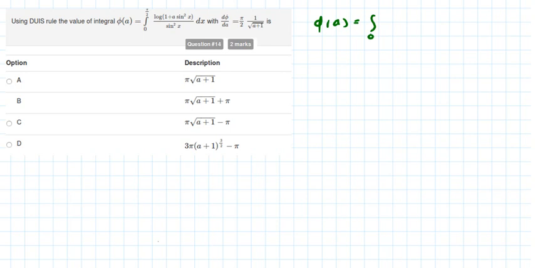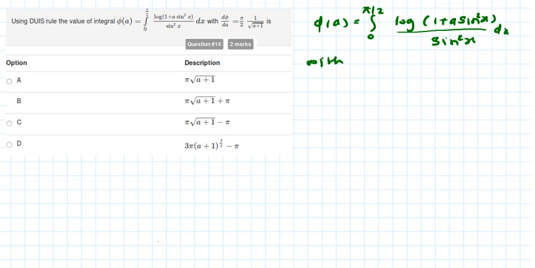we will write the integral phi of a equal to integration 0 to pi by 2 log of 1 plus a sin square x upon sin square x dx, with d phi by dA given as pi by 2 into 1 upon under root a plus 1.